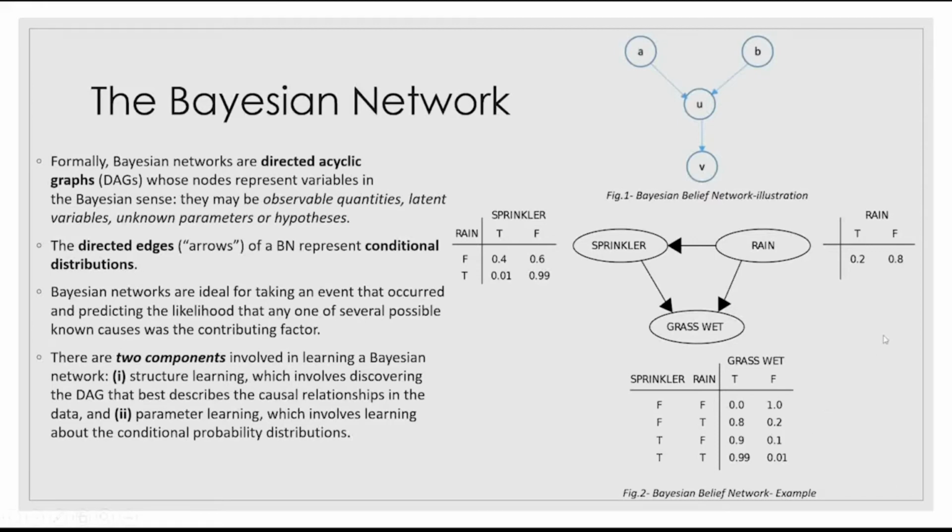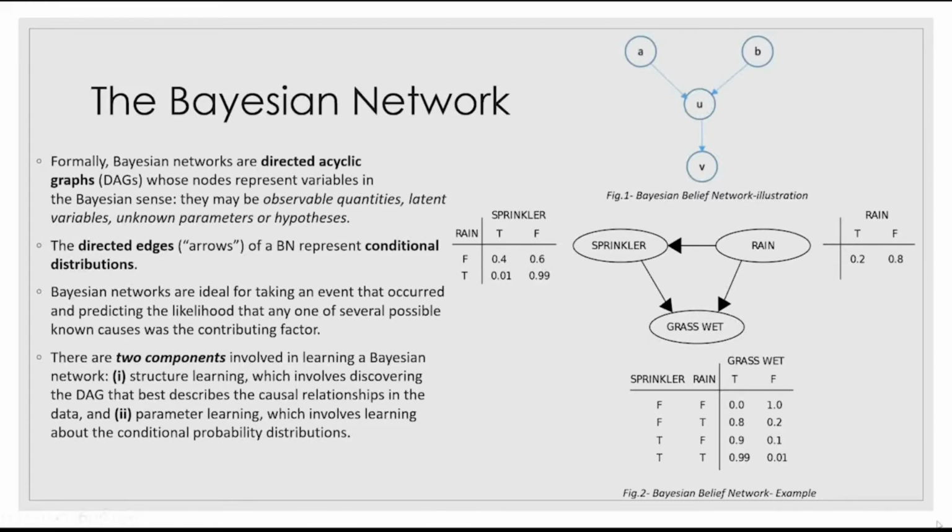Each variable has two possible values, T for true and F for false. Thus, this model, which we have implemented here, can answer all the questions about the presence of a cause given the presence of an effect, so-called inverse probability. Like, what is the probability that it is raining given that the grass is wet, by using the conditional probability formula and summing over nuisance variables.